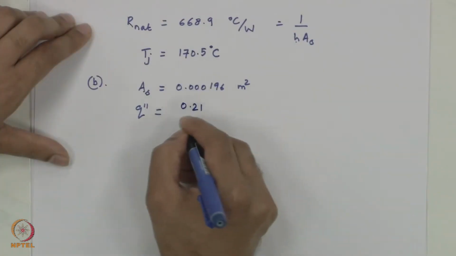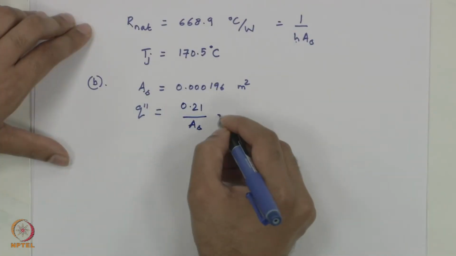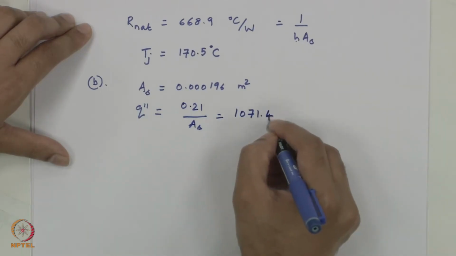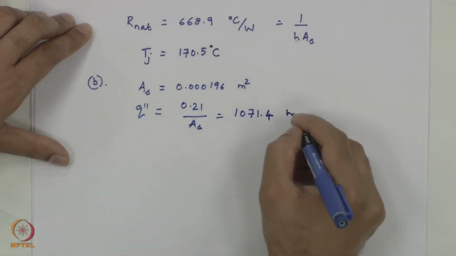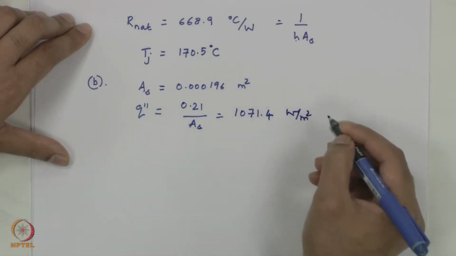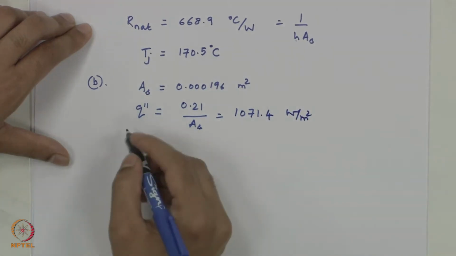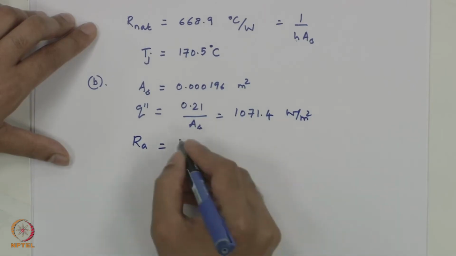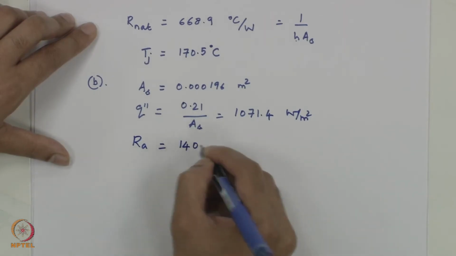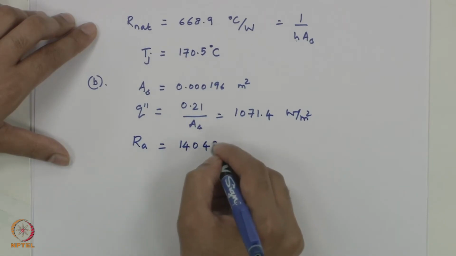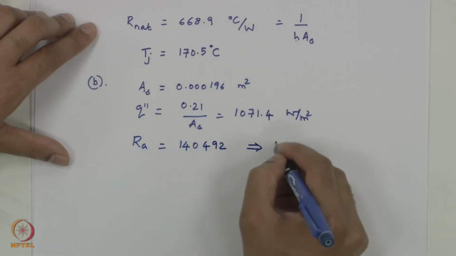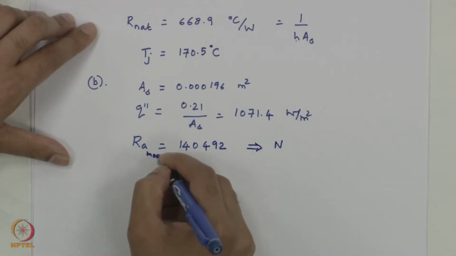flux, and the flux turns out to be divided by this point is that now the flux has reduced to this, that is 1071 watts per meter square. So, if I go estimate a Rayleigh number, now it turns out to be 140492, and the Nusselt number corresponding to this is the Rayleigh modified.